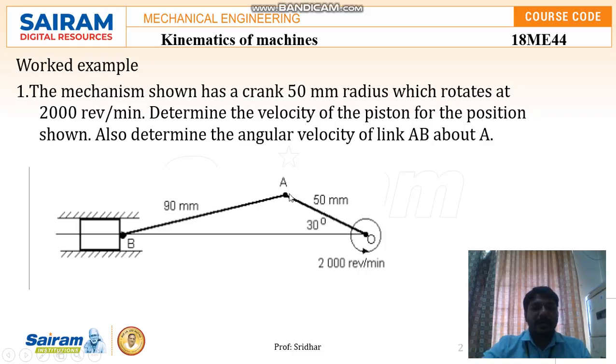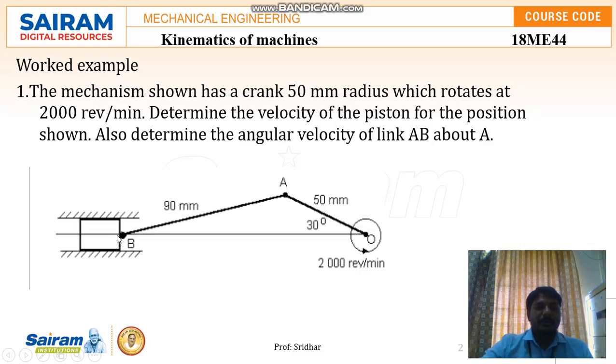So we need to find the velocity of the piston at this particular position, and the angular velocity of link AB with respect to point A.